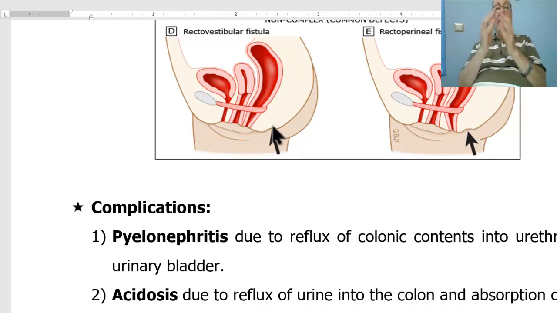And after healing, never forget the anal opening should be dilated daily for 3 to 5 months to avoid subsequent stricture formation. This is a simple operation in low anomaly.